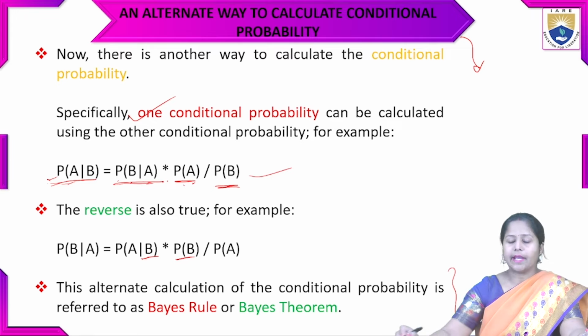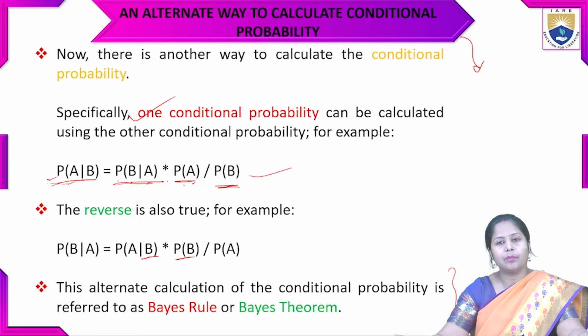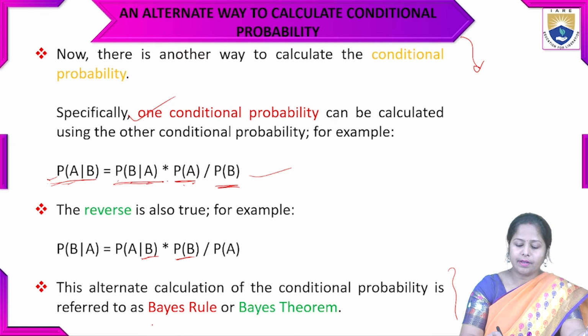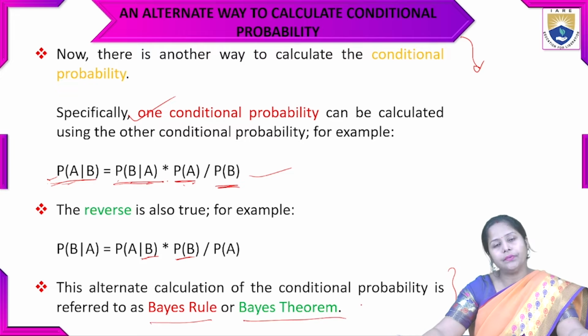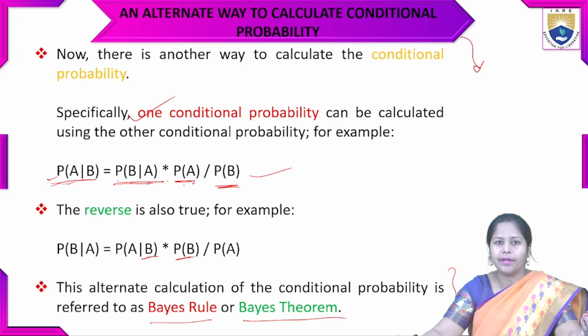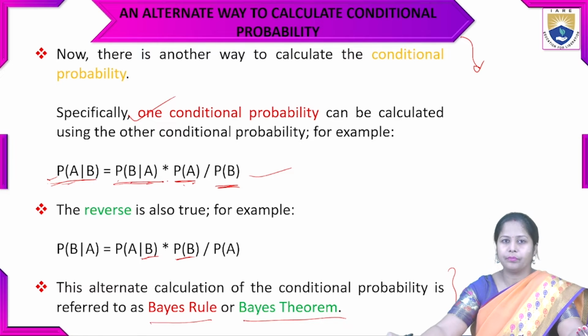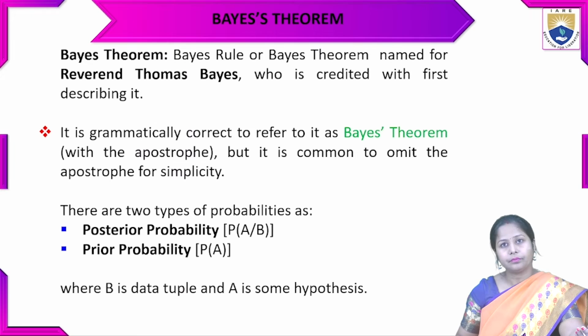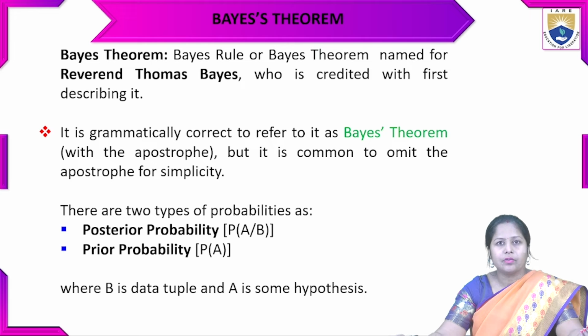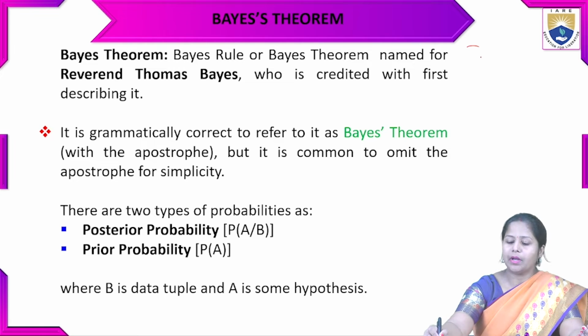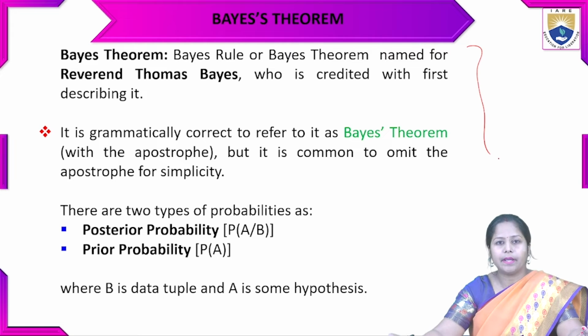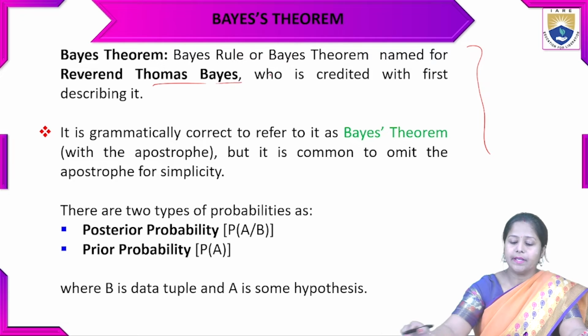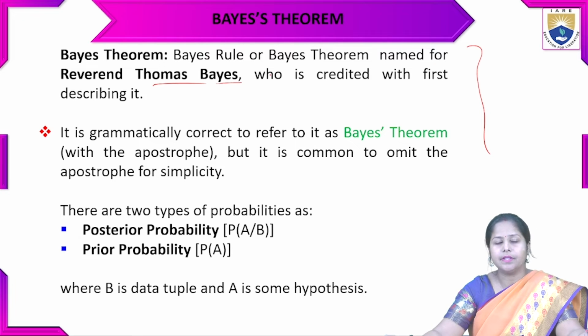This alternate calculation of the conditional probability is referred to as the Bayes rule. If we write the rules like that, that rule is called the Bayes rule or Bayes theorem, right? Bayes theorem is named after Reverend Thomas Bayes, who is credited with first describing it.